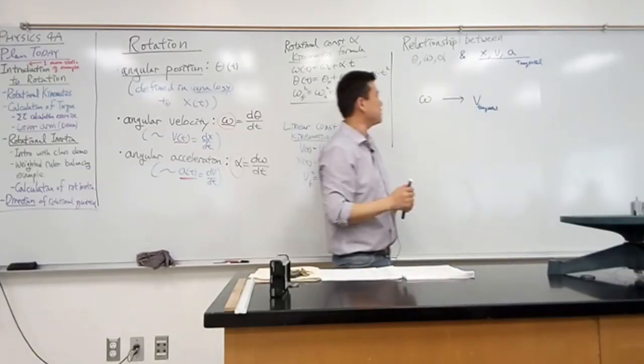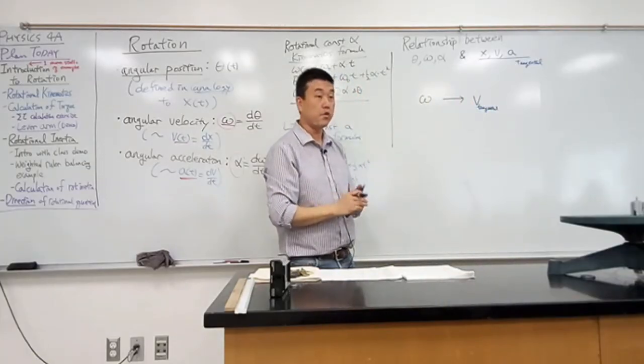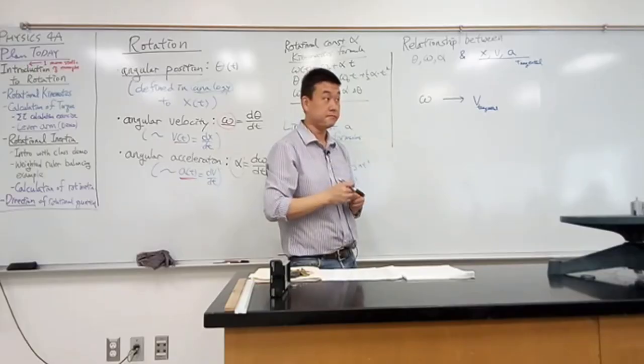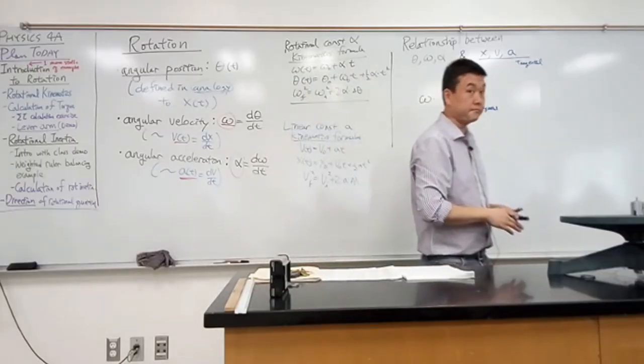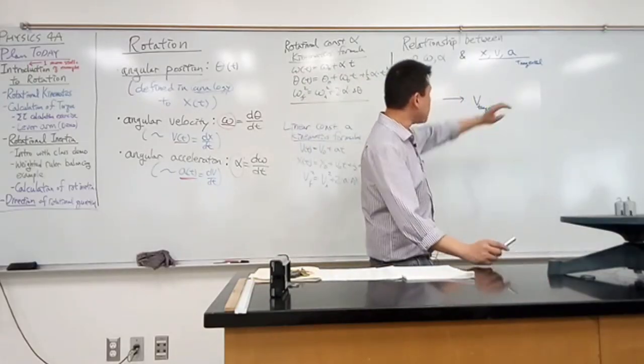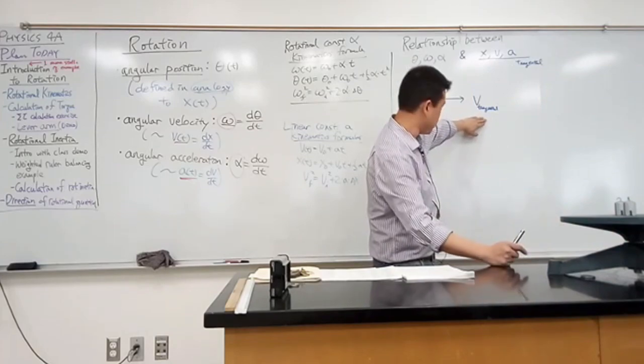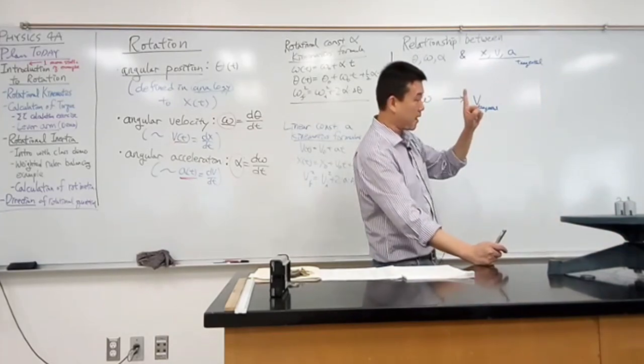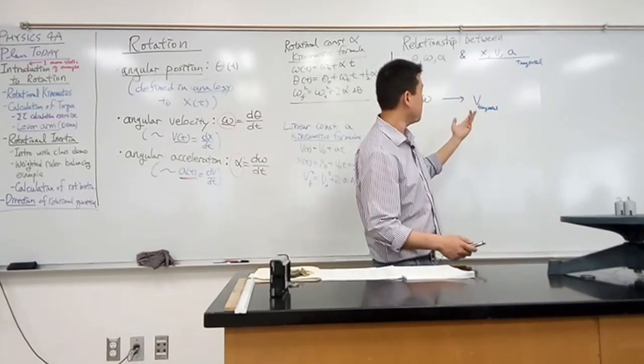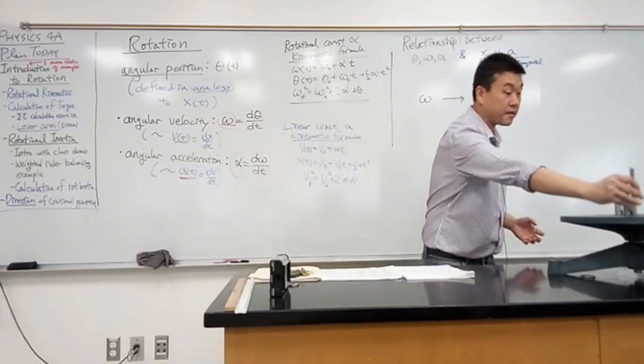What do I need? Is omega by itself sufficient, or do I need to know something else? So as you are trying to figure out the tangential velocity, the one additional parameter you need to know is the distance from the center of rotation.